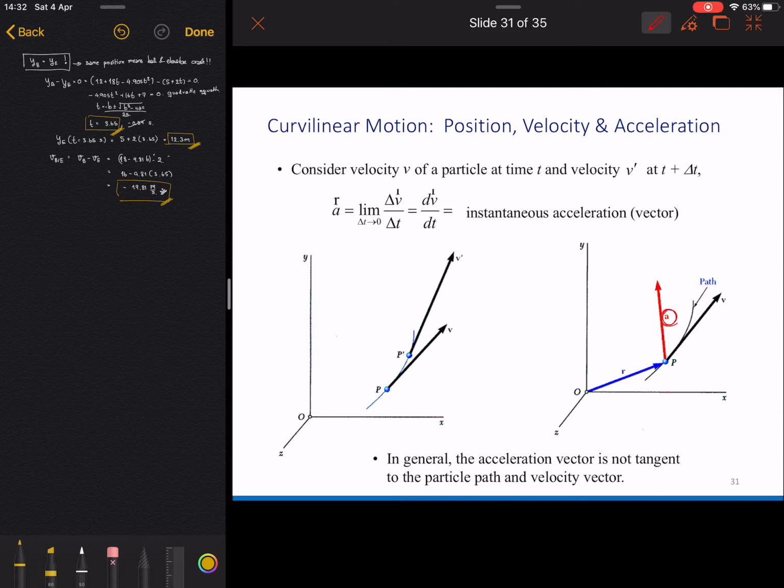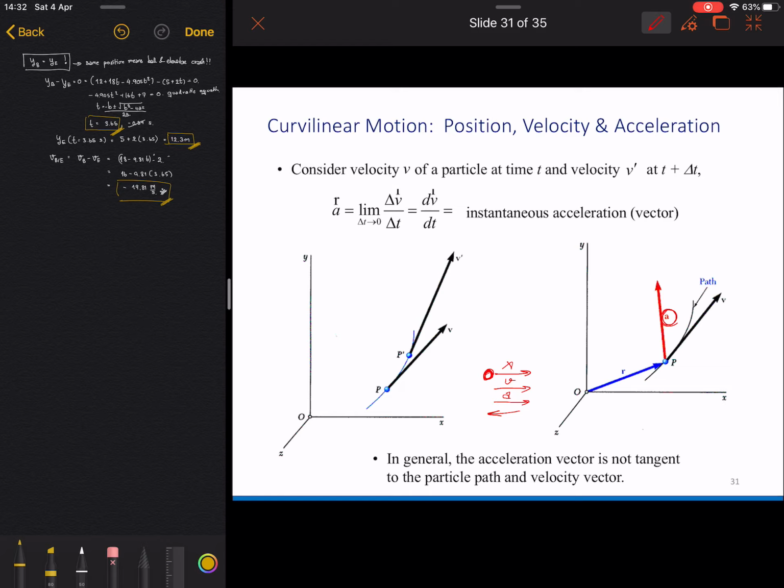Normally, for example, in rectilinear motion, you move along x, and here is the position and velocity, and the direction of acceleration could, for example, be in the negative direction also.